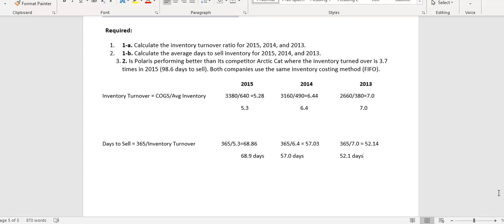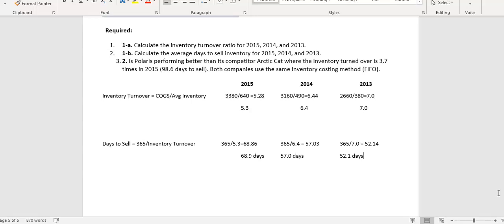Consequently, we have a higher inventory turnover and a lower days to sell. So things like grocery stores and florists have a higher inventory turnover and a shorter number of days to sell. But for non-perishable goods, as I mentioned in my mini lecture, something like a hardware store, for example, or in this case we've got snowmobiles, they're going to be able to sit in inventory because they're not perishable.